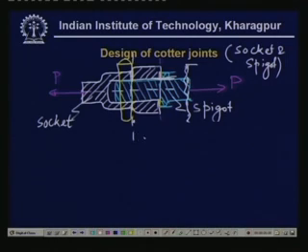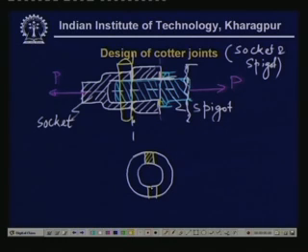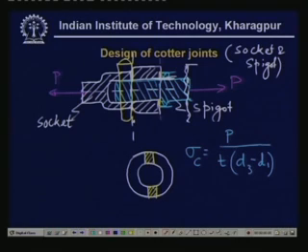If you draw the cross section of this surface, you find that this part is subjected to a contact force P. So, the contact stress developed, sigma C, will be equal to P divided by this total area, which is t times D3 minus D1.